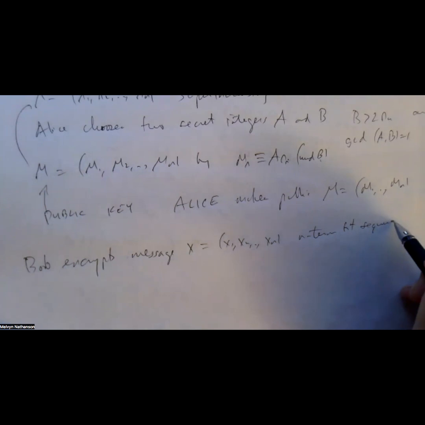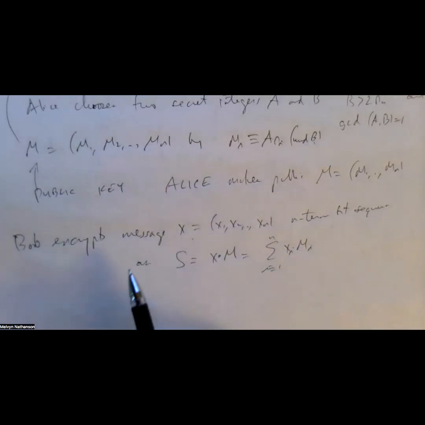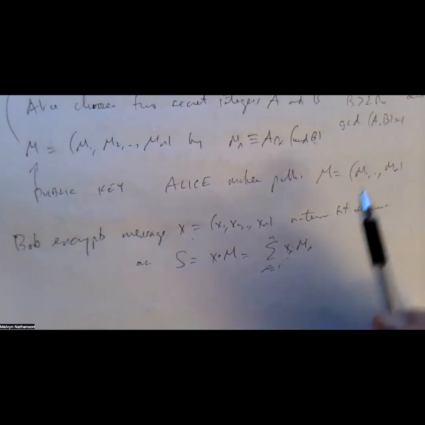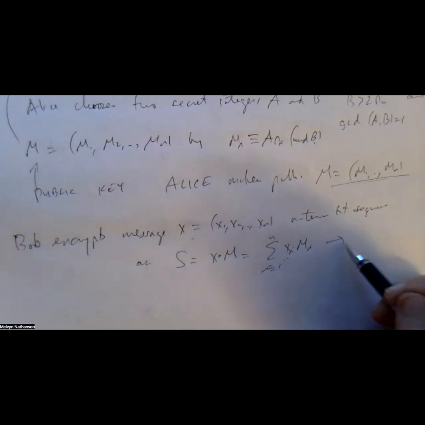He encrypts this message as S equal, I can write it as X dot M if you know vectors, but this is summation Xi Mi, i goes from 1 up to n. So Bob takes his bit sequence and computes the corresponding subset sum from this public set M. And he sends this back to Alice.